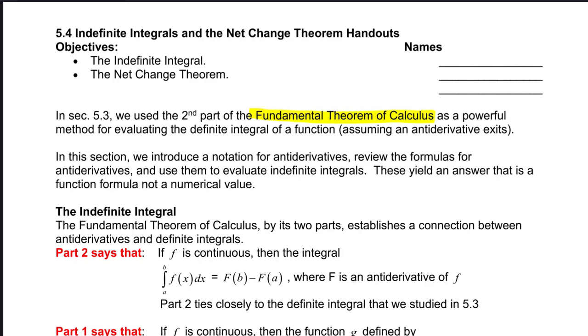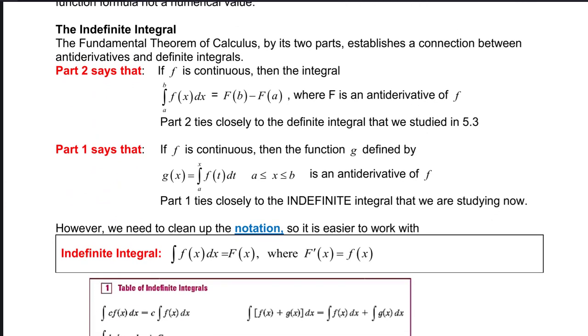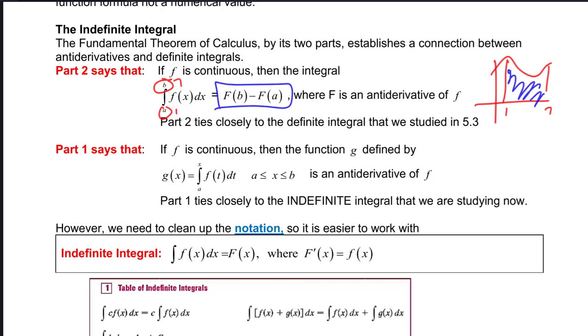And part 2 of the Fundamental Theorem solves this really important problem, the area under a curve. You may remember we had definite values, like maybe it goes from 1 to 7, and we've got some function, and we're looking from 1 to 7, and that makes an area under that curve. And if we do that integral with the fundamental theorem, that will tell us the numeric area under the curve.